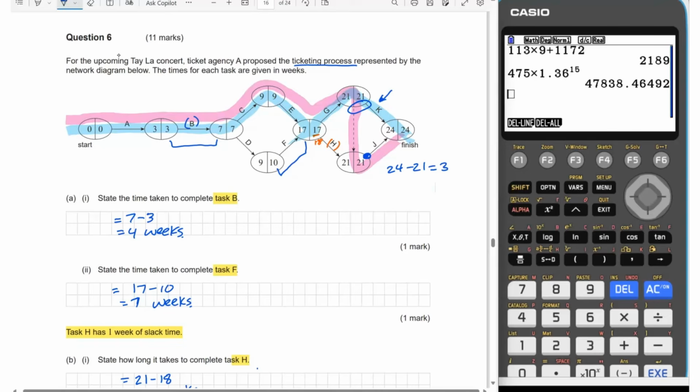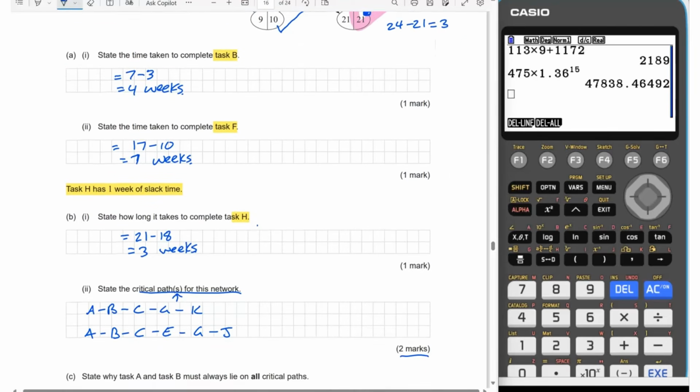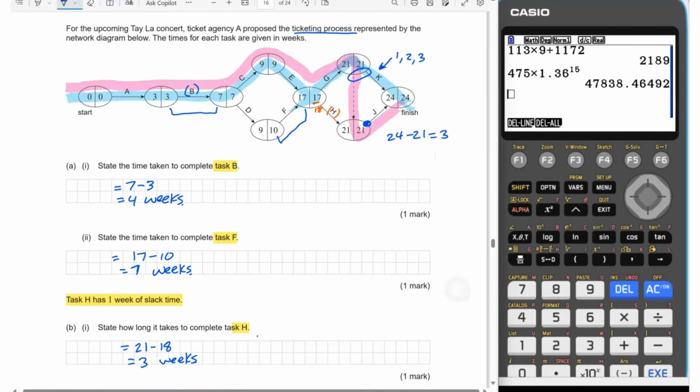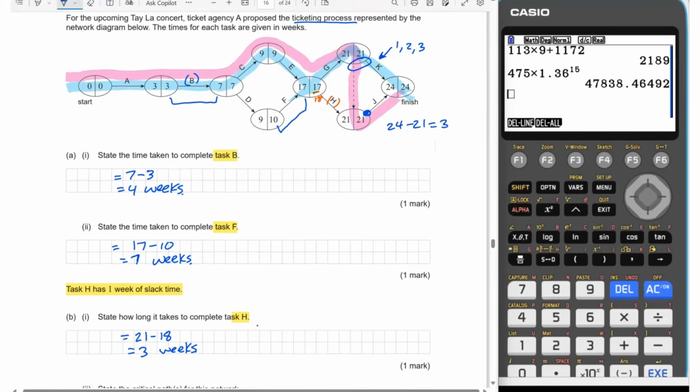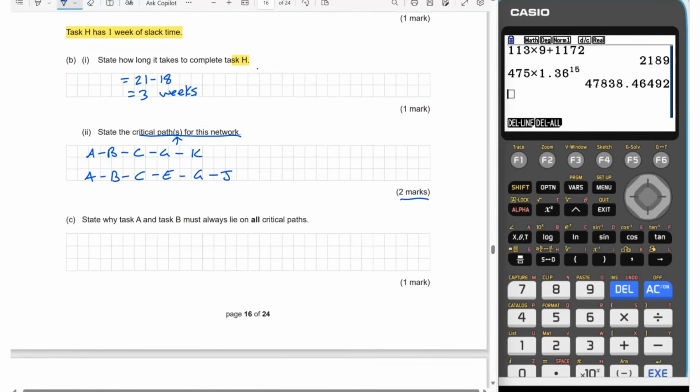We have to consider what's coming back through J, through the dummy link, but we also have to consider K. If we're putting the smallest number in there, it could be the 21 that goes in, but K can also take the values of 1, 2, or 3. If it's a 3, then it's the critical path that we've just selected. So something for us to think about. I think the solutions say that they would accept just the pink as the only answer there, but for 2 marks and the S, I would be giving 2 critical paths.